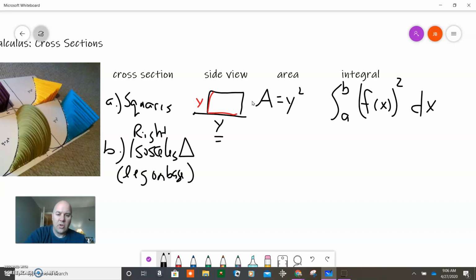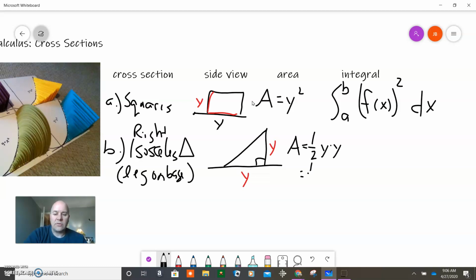So what the side view is going to look like, just a second, I'm going to erase a little bit there. The side view is going to look something like this. Now, if it's isosceles, whatever side this is, this side's going to be the same. So if I was trying to find the area of that, it would be half of base times height, which is actually half of y squared.